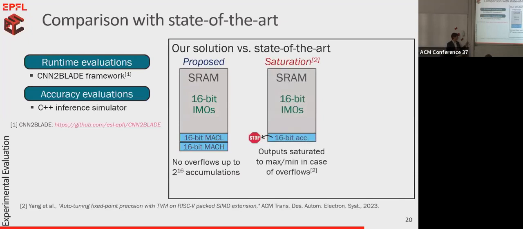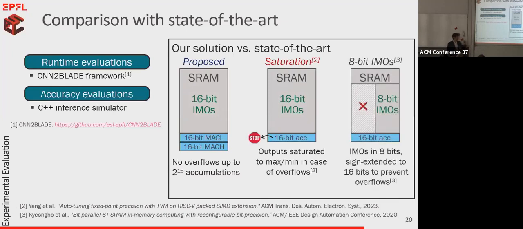Another technique that does not employ this additional register is saturation. So every time that you see an overflow, you can saturate to the maximum or to the minimum value. Another alternative that in this case prevents overflows is by restricting the bit width of in-memory operands so that you ensure that by construction you don't have overflows in that 16-bit register.